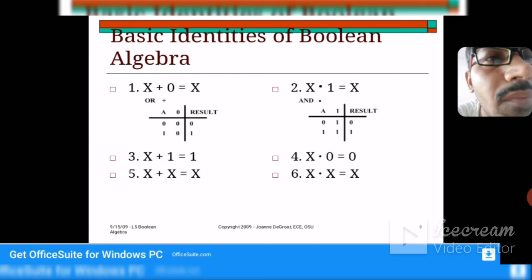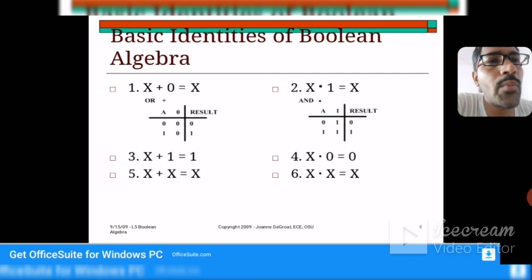That can be proved from the truth table. In the first case the operator is plus.